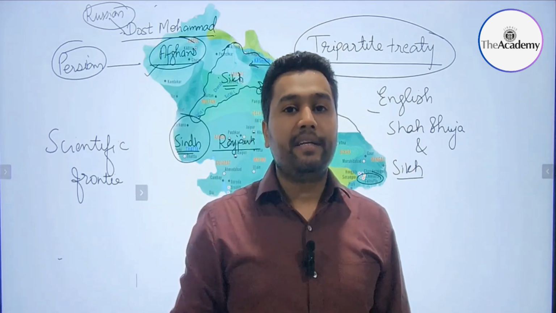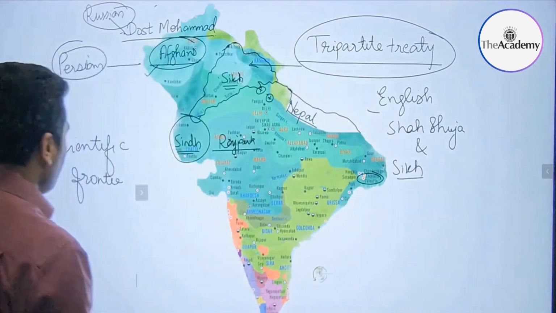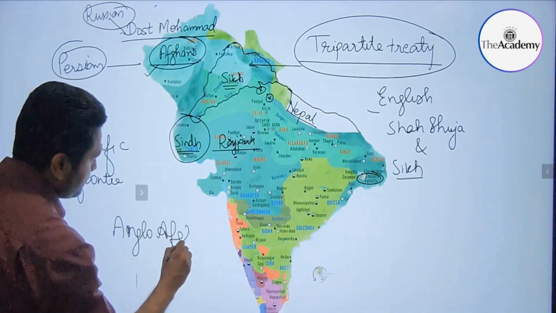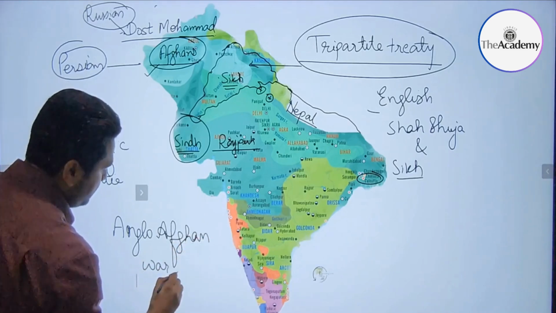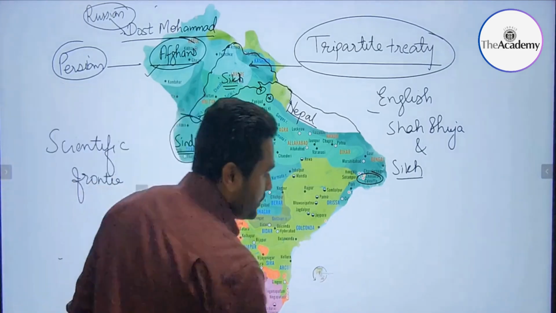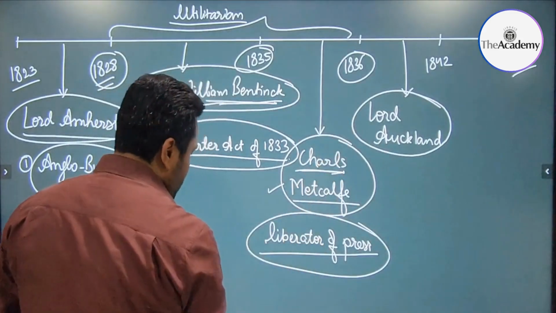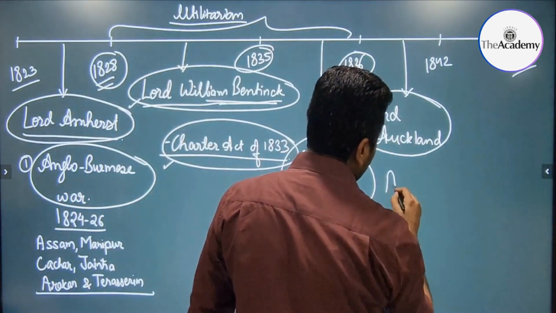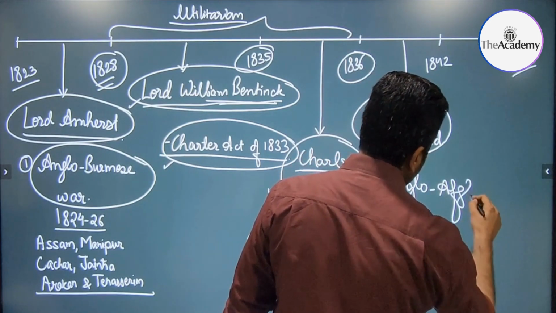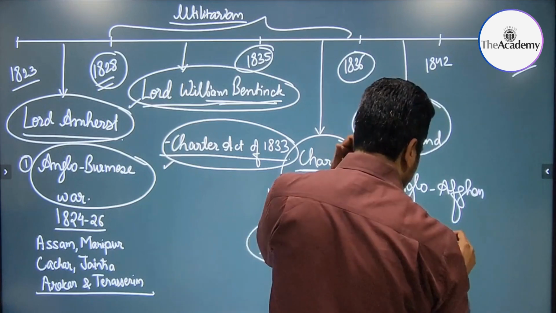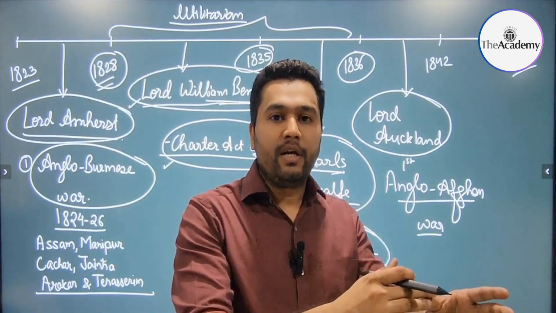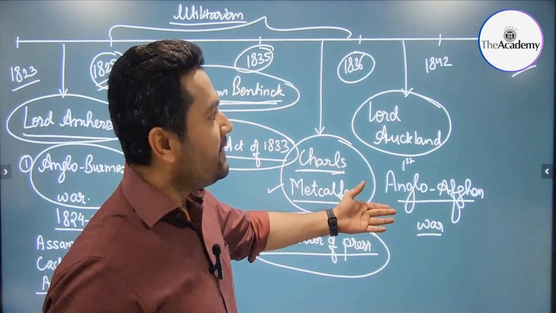And this tripartite treaty formed the basis towards the Anglo-Afghan War, from 1839 till 1842. So during the time period of Lord Auckland, we see the first Anglo-Afghan War. A huge army of the British, the Sikhs, and that of Shah Shuja was prepared and it attacked Afghanistan.